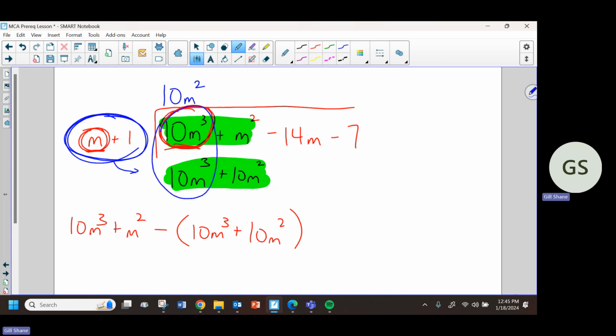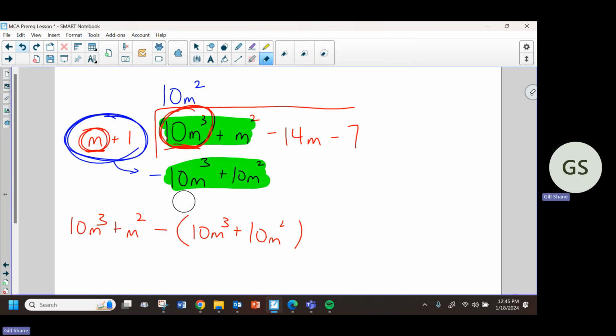These are like terms. These are like terms. Those are the only things I can combine, so I can treat them as two separate problems, because I can't combine the m squared and the m cubed anyway. So I'm really just saying, okay, that's 10m cubed subtract 10m cubed.